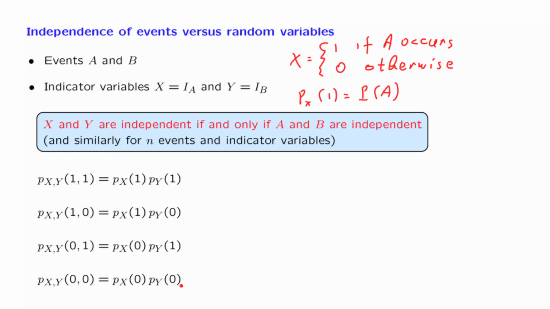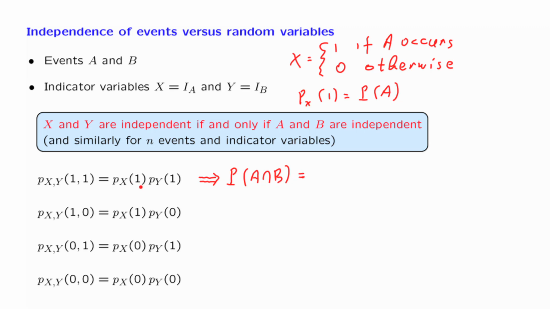So suppose that this is true, that the random variables are independent. Let us take this first relation and write it in probability notation. The random variable X taking the value of 1, that's the same as event A occurring, and random variable Y taking the value of 1, that's the same as event B occurring. So the joint PMF evaluated at (1, 1) is the probability that events A and B both occur.